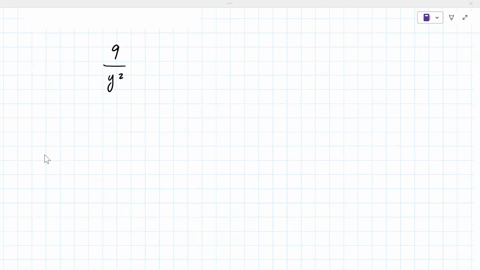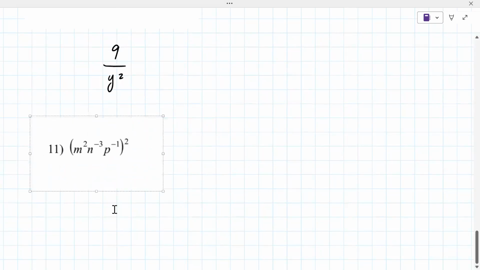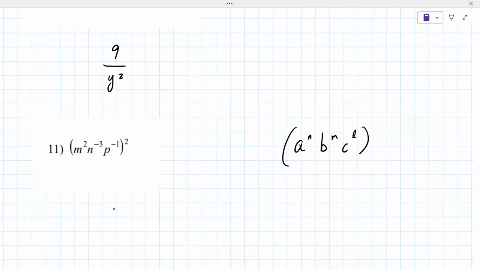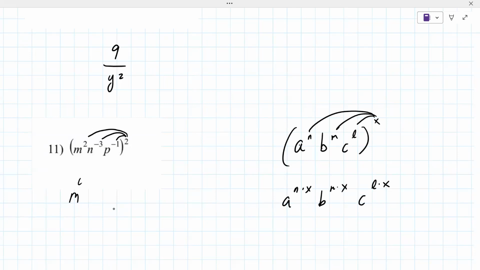So the next property is that if you have like A to the M, B to the M, C to the L, all to the power of X, you end up multiplying the exponent by X. So it's A to the M times X, B to the M times X, C to the L times X. So this two on the outside multiplies every single thing. M to the fourth, N to the minus six, T to the minus two.